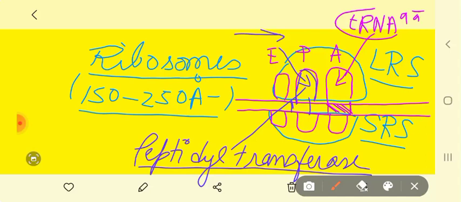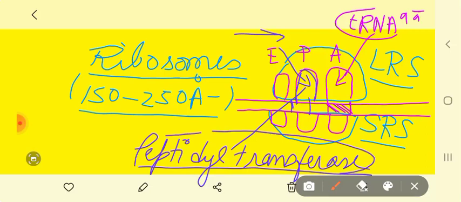In this way, peptide bond formation occurs, and this process is catalyzed by the peptidyl transferase enzyme, which is one of the important components of your large ribosomal subunit.